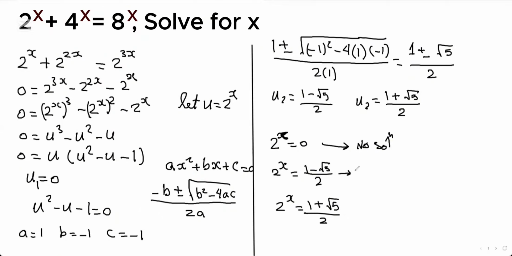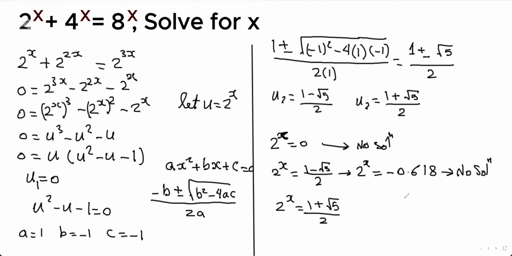And this gives me 2 to the power of x equals negative 0.618. And that also we're going to get no solution from here. So there's no number that when you raise it to an exponent, you end up with a negative number. Okay. And that's basically going back to the log rules.